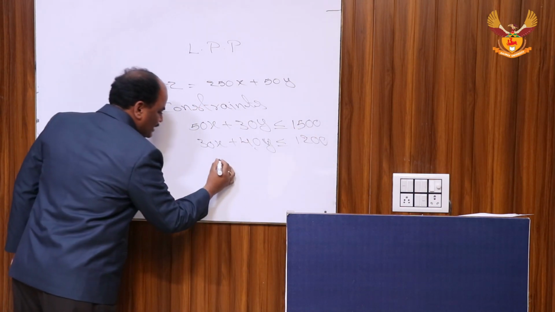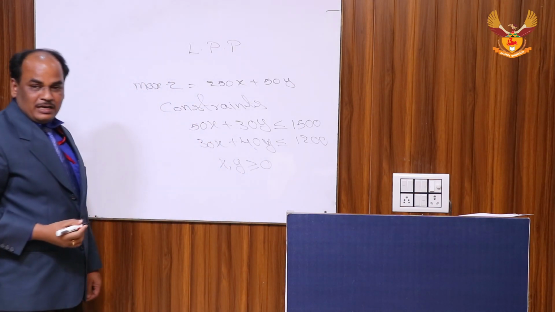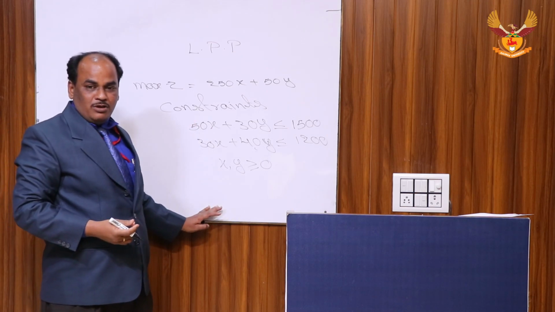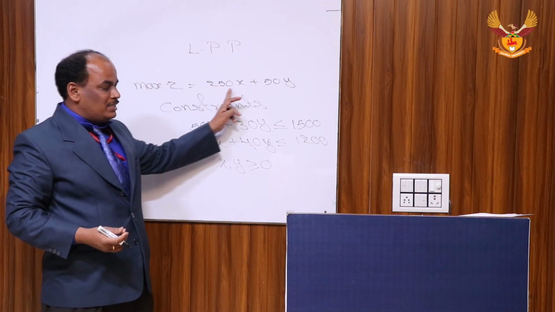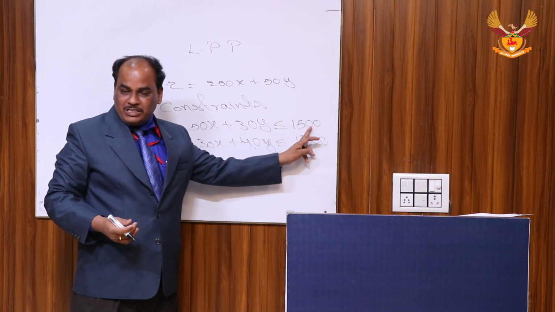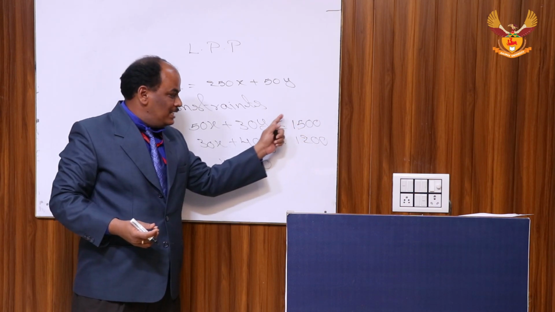So x and y here are non-negativity restrictions, they must be greater than or equal to 0. To solve this type of problem, this is a maximization function and these constraints are linear inequations. Here why do we call it a linear inequation? Because it is less than or equal to.